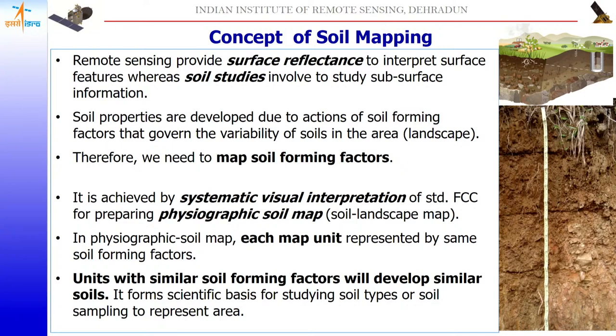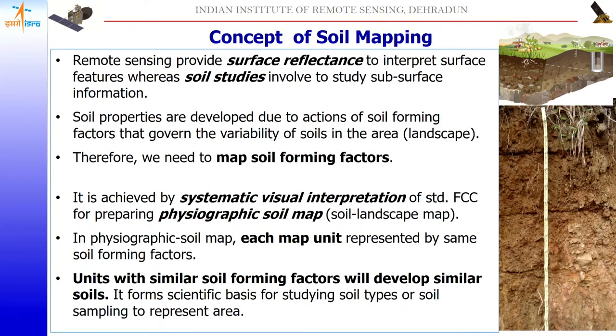So one by one we study each soil forming factor, and we delineate the area into various soil map units, and these map units are assumed to have similar soil forming factors. So our aim is to delineate areas having similar soil forming factors.